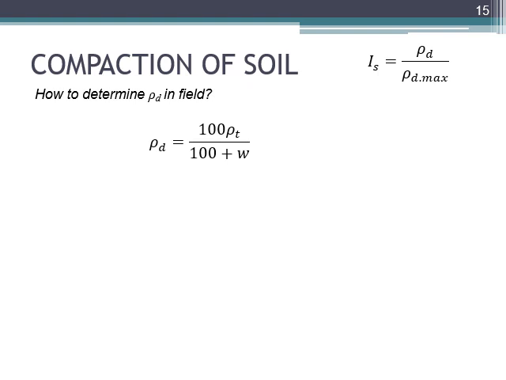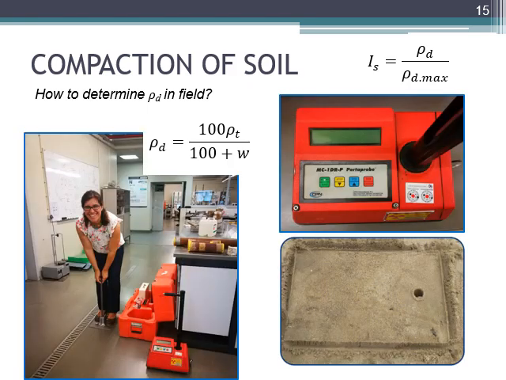And of course, there are such methods. For instance, you can use an apparatus called a nuclear gauge. It looks like that. First, you locate a template in the specific place where the water content is to be determined. My colleague from Porto is showing that to you.